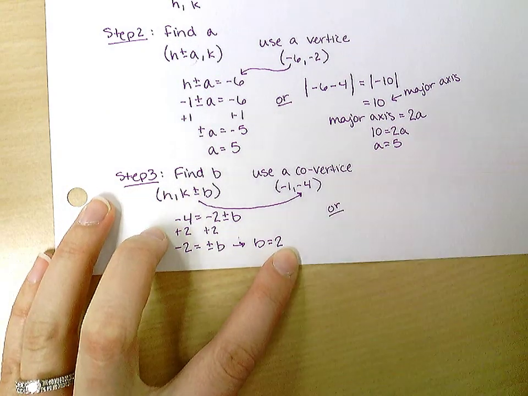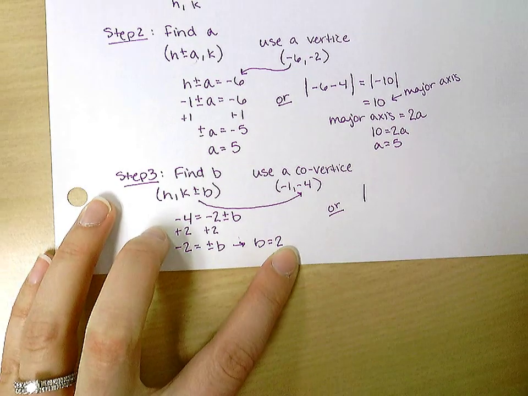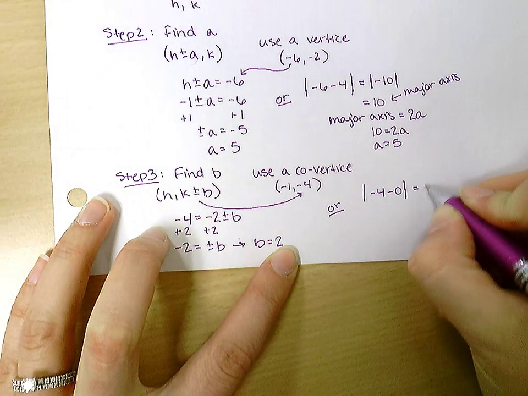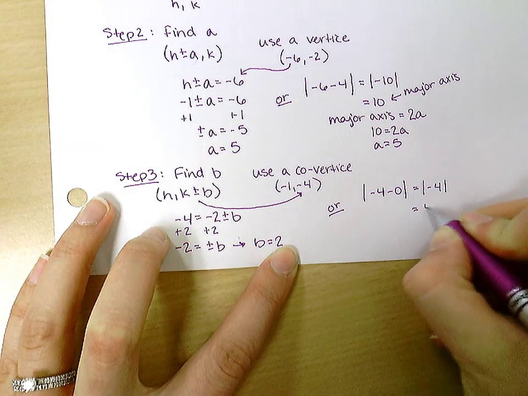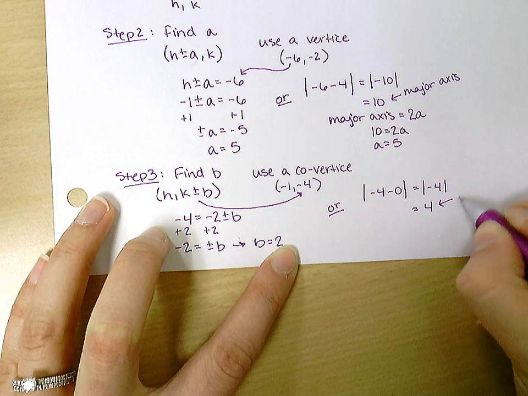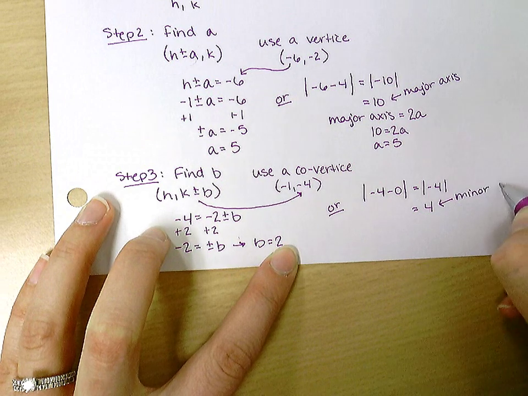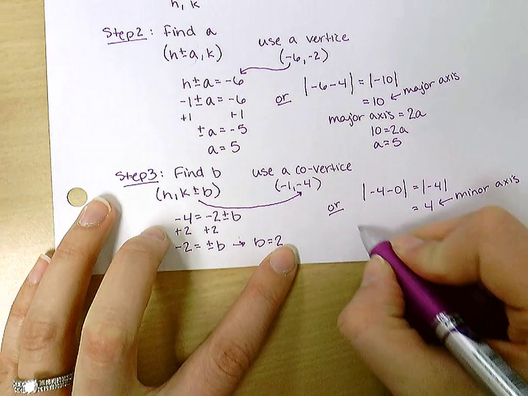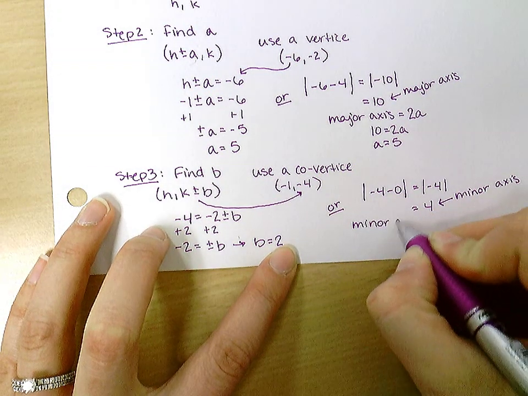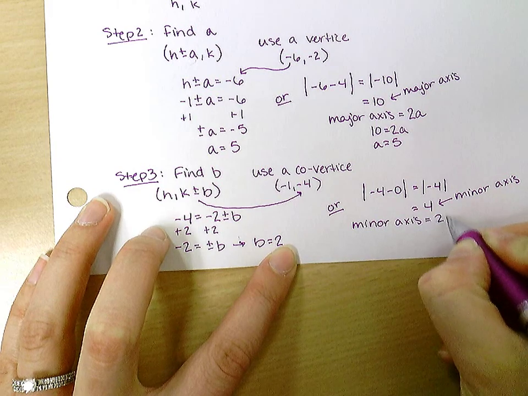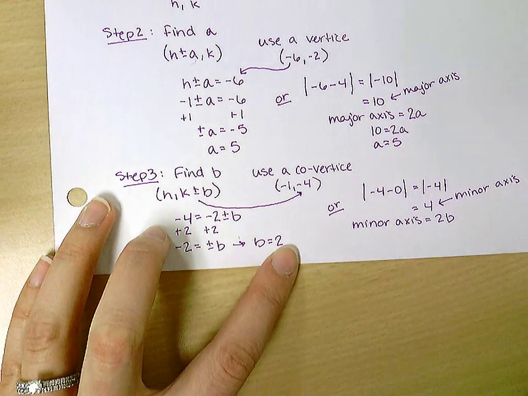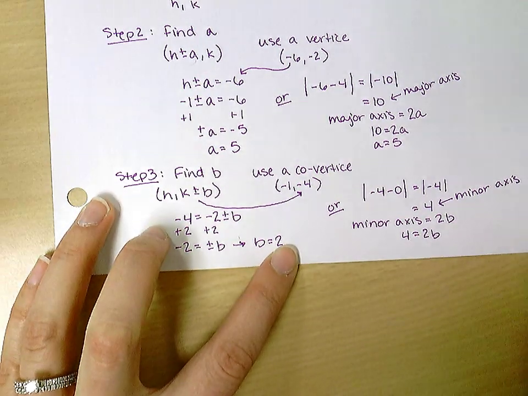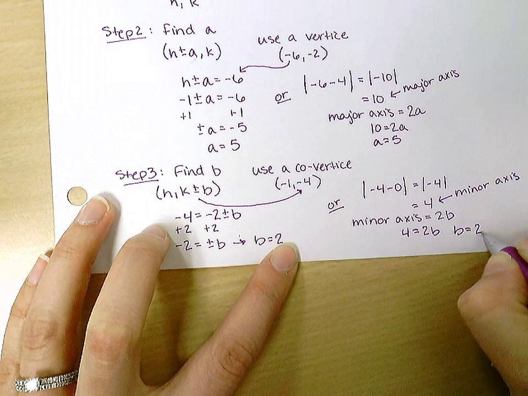So again, we have this OR. We could take the absolute value of -4 minus 0, which is -4, to get 4. And that is your minor axis. So your minor axis, again, is equal to 2b. So I would have 4 is equal to 2b. Again, divide by 2 to get b is equal to 2.